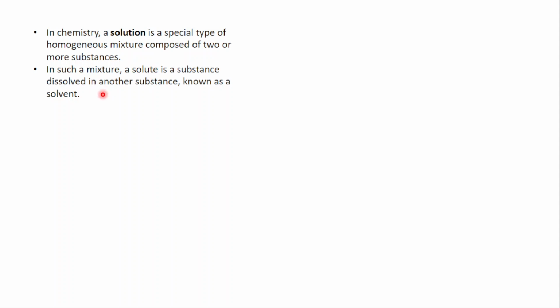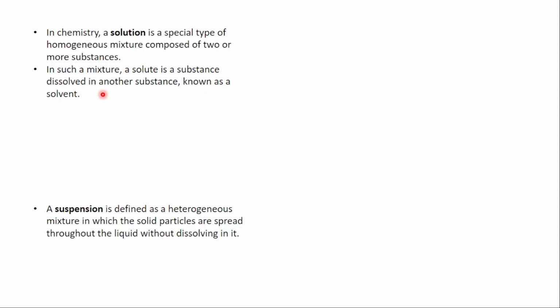So a solution has two components, a solute and a solvent, and it is a homogeneous mixture of those two components. Whereas a suspension is defined as a heterogeneous mixture in which solid particles are spread throughout the liquid without dissolving in it.